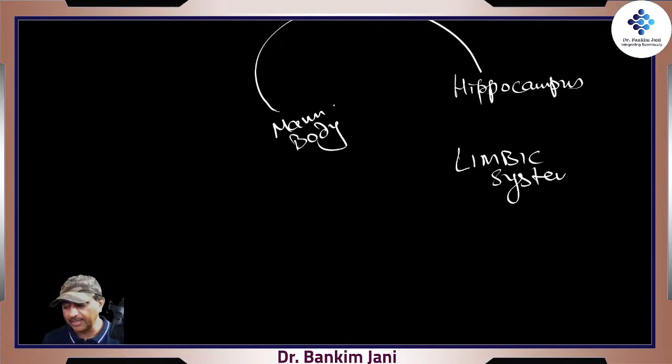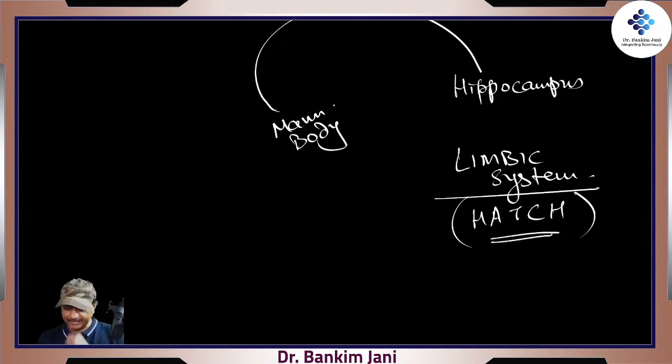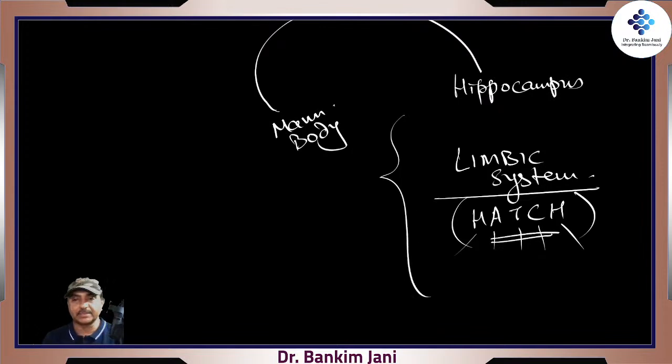And the limbic system comprises that hatch we talked about: hippocampus, amygdaloid body, thalamus, cerebellum, and the hypothalamus. Collectively, this entire limbic system is meant for, see, this is the most fantastic part. We always say that it is for emotion. But this Papez circuit, God has prepared this entire system not only for emotion.